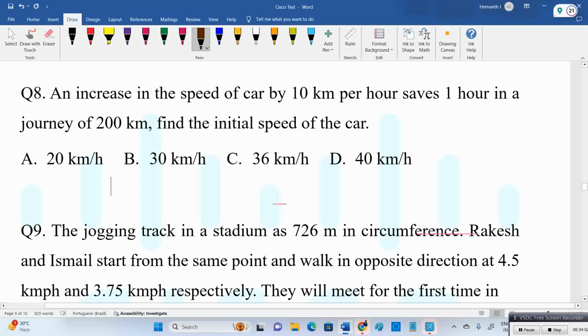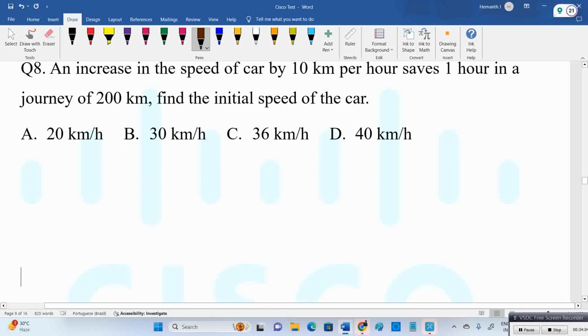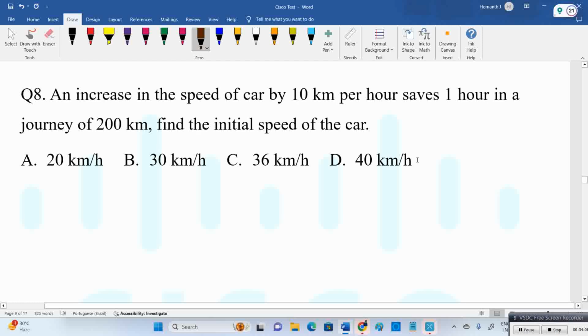Next again time and distance related stuff. An increase in the speed of a car by 10 km per hour saves 1 hour in a journey of 200 kilometers. Find the initial speed of the car. Initially you are traveling with a certain speed.